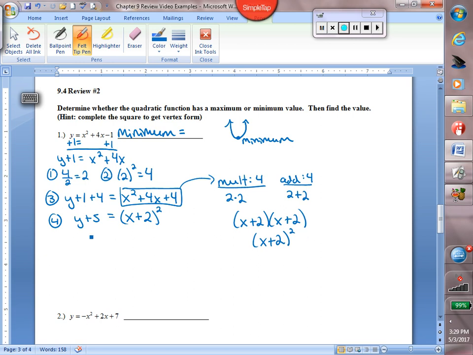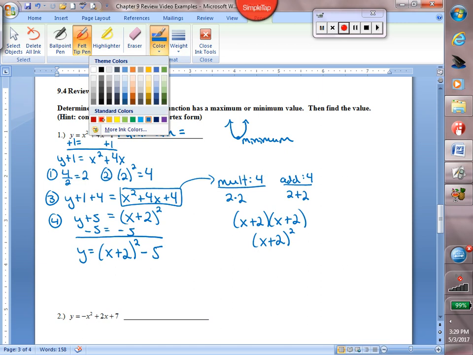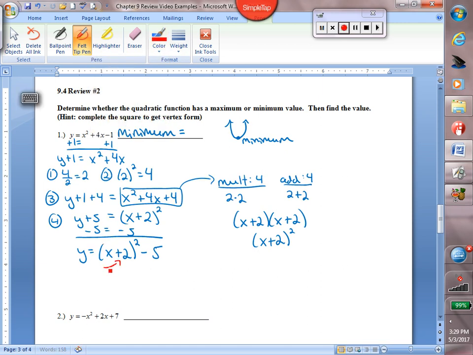Now, we're not solving using square roots like in the first part. Now we want vertex form. To get that, we need to subtract the 5 from both sides. Because the plus 2 is inside the parentheses being squared, we can't subtract the 5 from it. We just have to put the 5 on the end. From here, we're able to pick out our vertex.